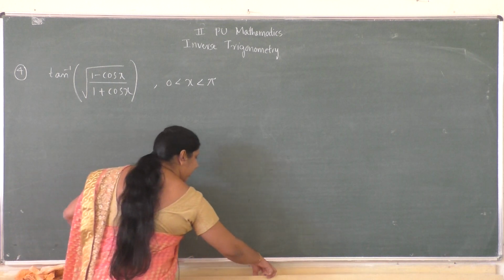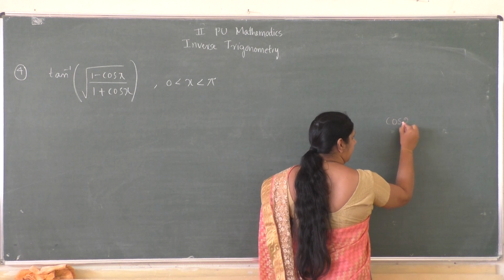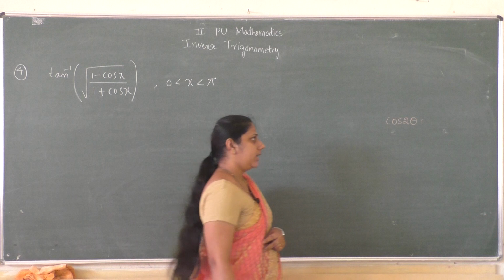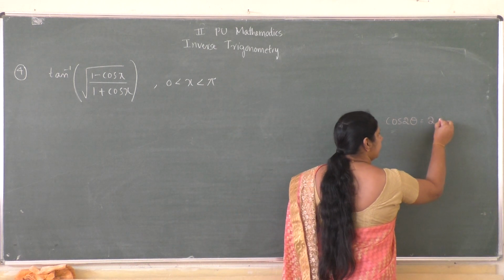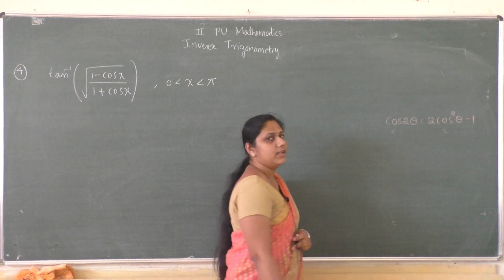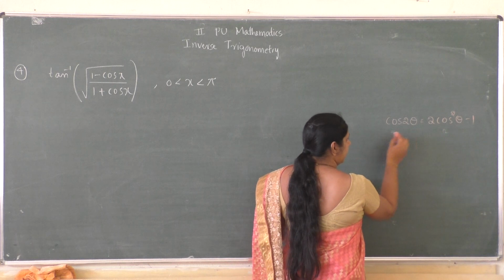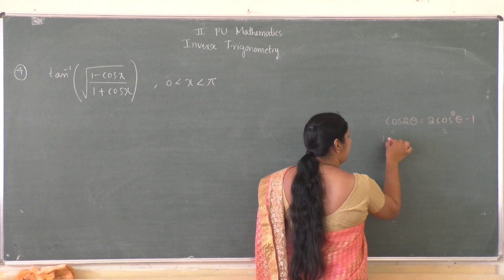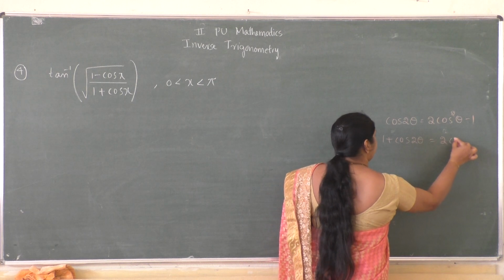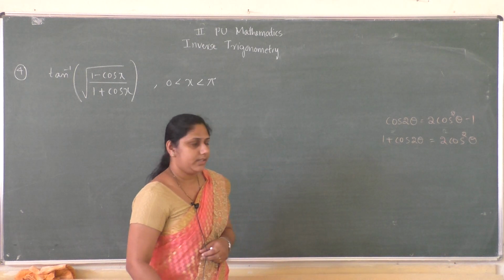In first year trigonometry we have the formula cos 2 theta in terms of cos theta is 2 cos square theta minus 1. So if I take the minus 1 to this side, we get 1 plus cos 2 theta is equal to 2 cos square theta, right?